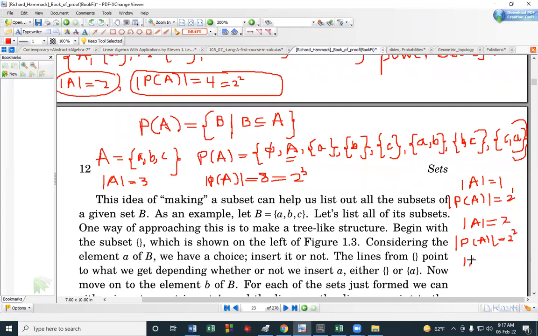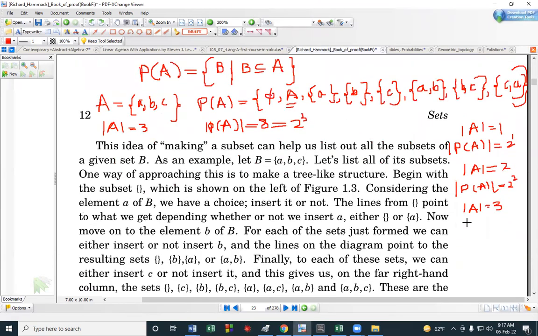And when the cardinality of A was 3, we got the cardinality of the power set as 2 to the 3.